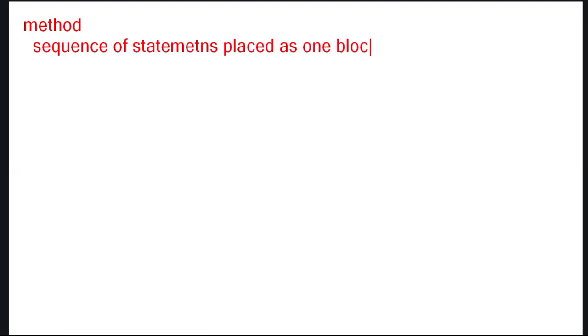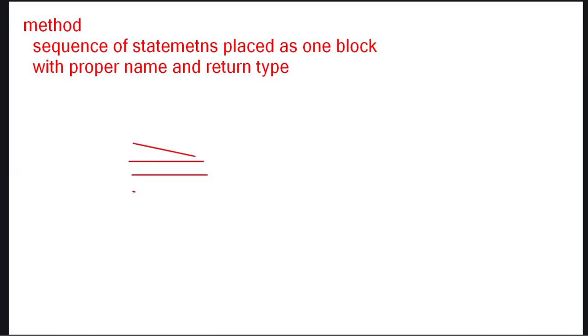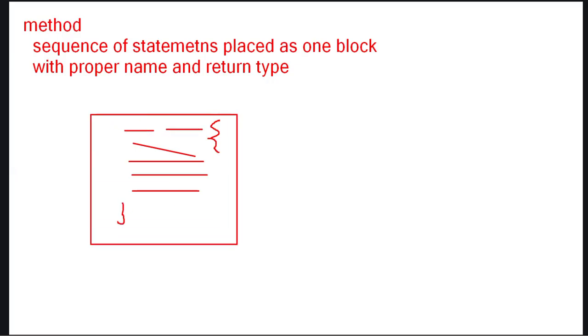What concept? Method. What is a method? A method is a sequence of statements placed as one block with a proper name and return type. Sequence of statements 1, 2, 3, 4, placed as one block with a proper name and return type is called what?